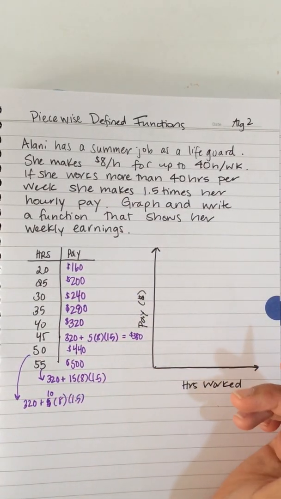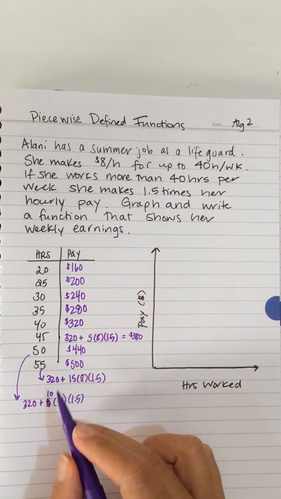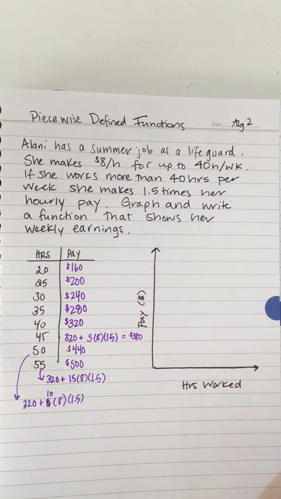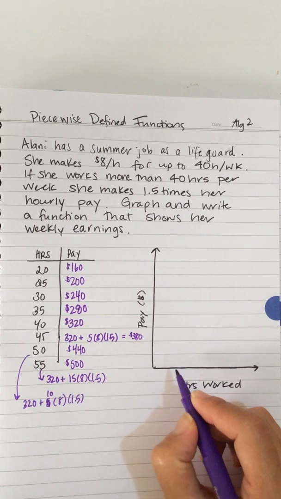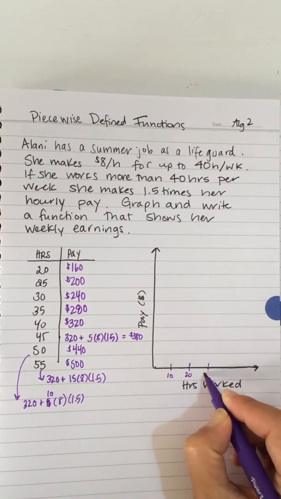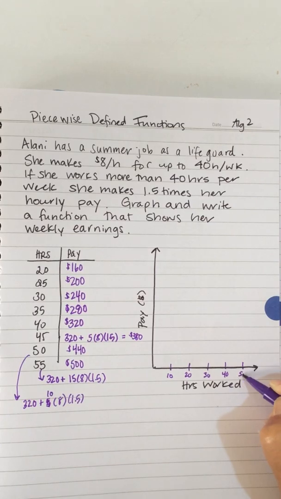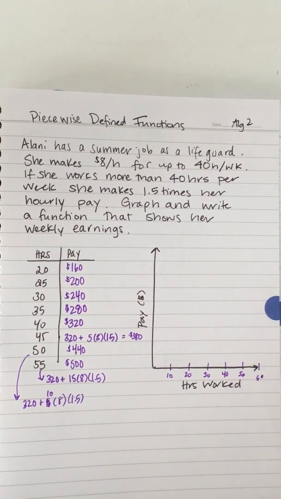So now let's just plot them. I know that I'm going to plot this till 55, so let's just go by tens: 10, 20, 30, 40, 50, 60.